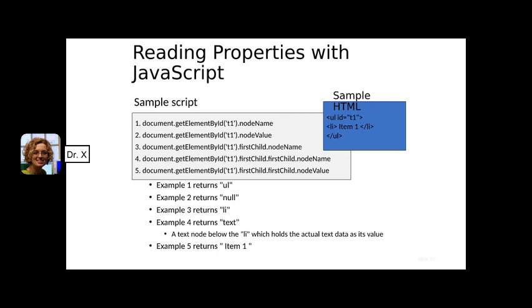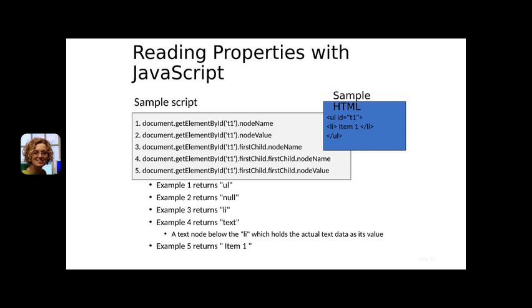Here I would challenge you to try to understand and reverse engineer how JavaScript works if you have never seen it before. So you see in the first example, document.getElementById .nodeName will return UL, an unordered list. The node value, there is no value for the unordered list, so it's going to be null.